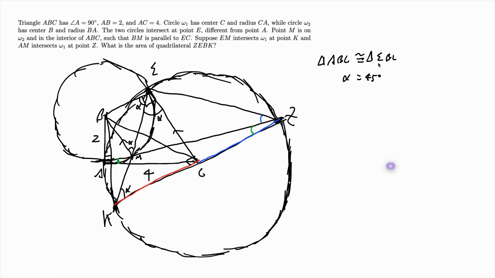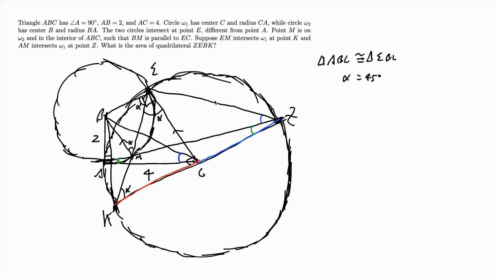But because we know that triangle ABC and triangle EBC are congruent to each other, this is 2 blue, and each of the angles, ACB and BCE, are blue and blue. So we can say, without loss of generality, let's just use this one. No, I don't think it's right to say without loss of generality here, but let's just use this one so that we can actually utilize this triangle right here.